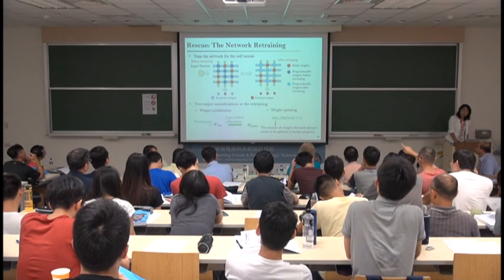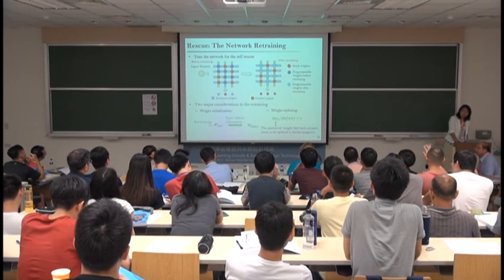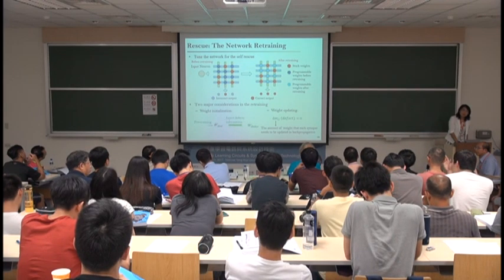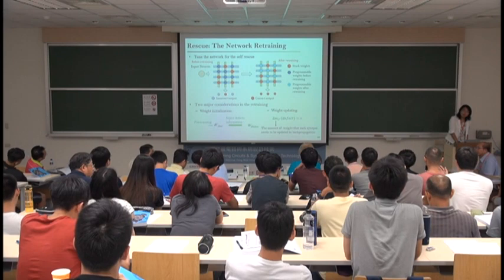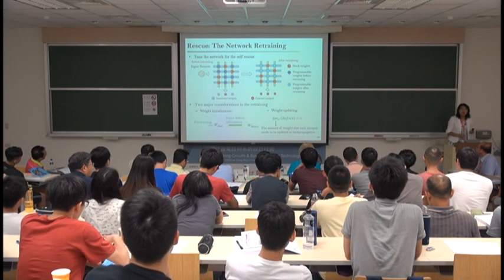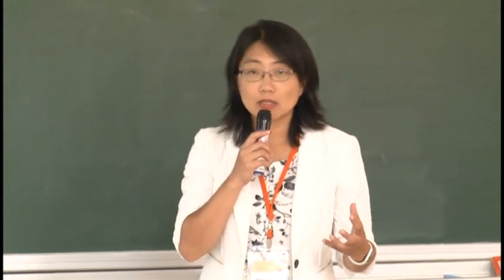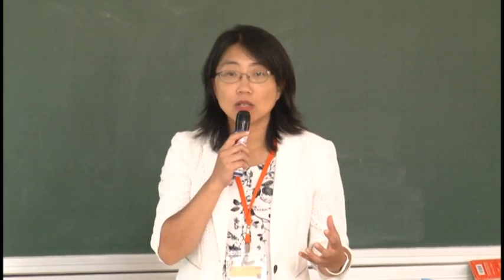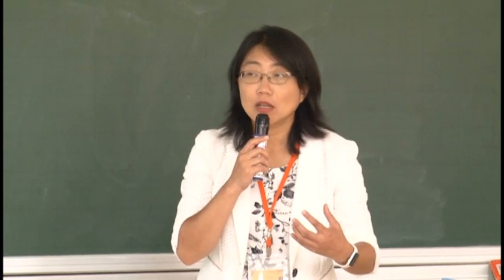The dark blue and the light blue, we retrain those neurons. So relatively, how many neurons will we retrain to be enough? We do not retrain the neurons, we train the entire weight matrix. So the entire weight matrix will be retrained.